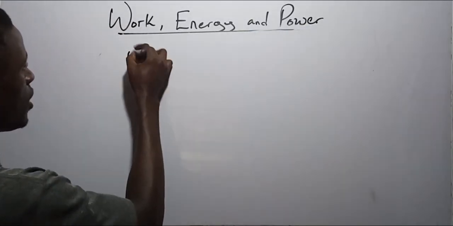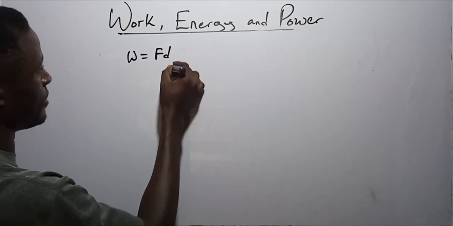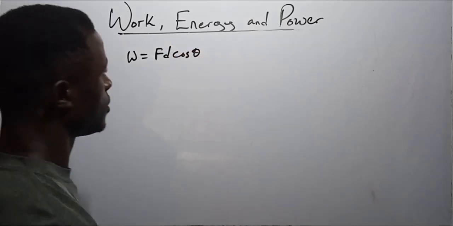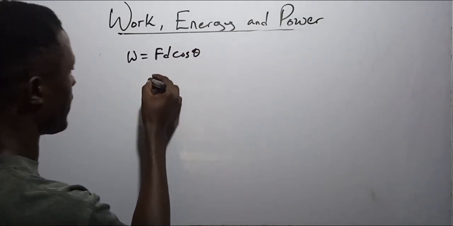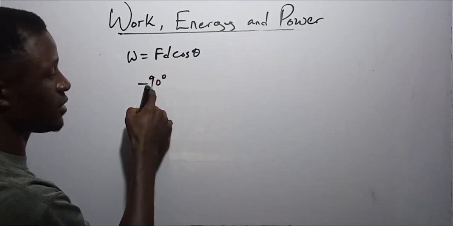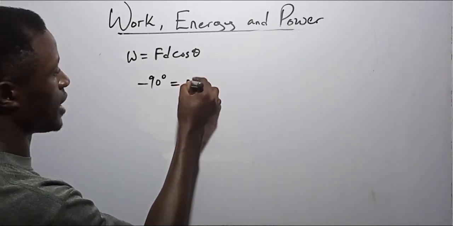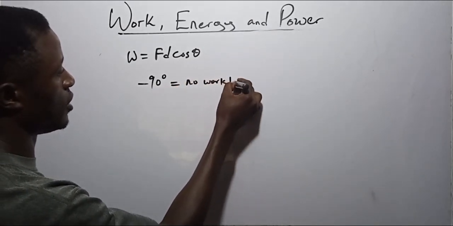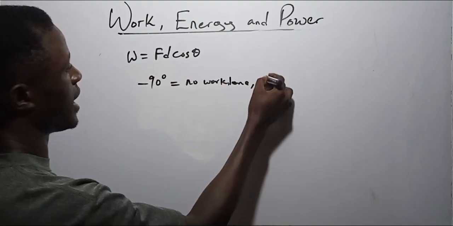Now I said that work done is equal to force times displacement cos theta. So if you are given a question and the force is inclined at 90 degrees, it means that no work is done. Direction changes.